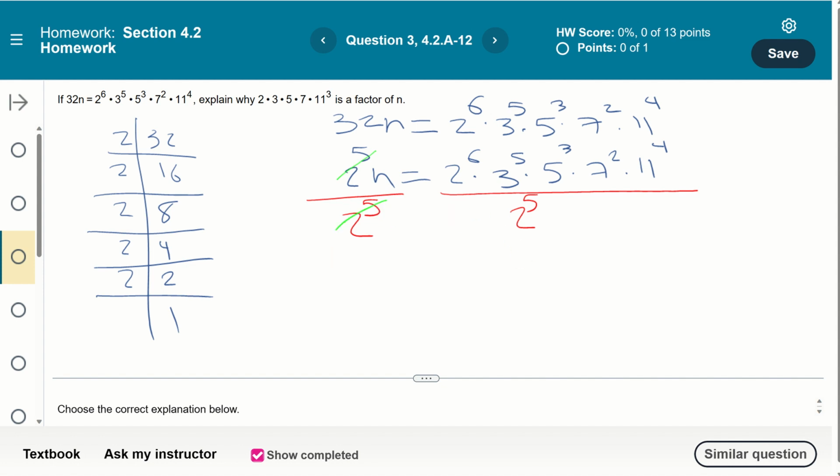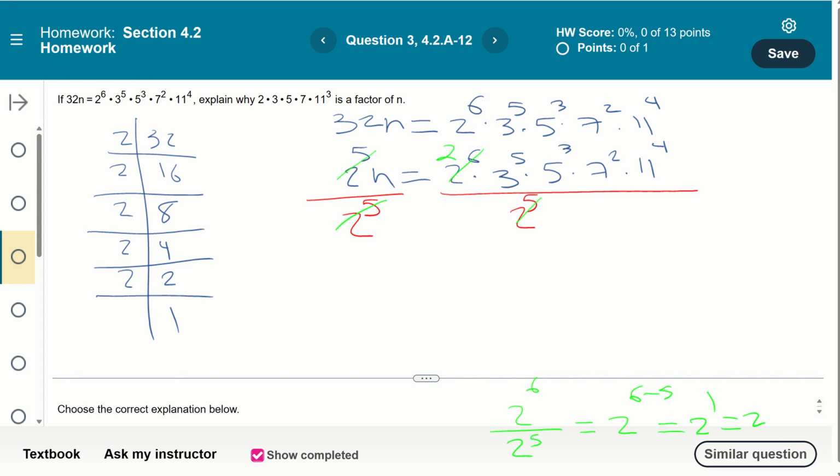And notice on the right side, the 2 to the 5th and 2 to the 6th cancel, and they just leave you a 2, right? Because remember, you have 6 factors of 2 on the top, 5 factors on the bottom, and 5 of them will cancel out, leaving you 1 on the top. Or you can just use the quotient rule, right? So it's going to be 2 to the power of 6 minus 5, which is 2 to the power of 1, which is 2. Okay?